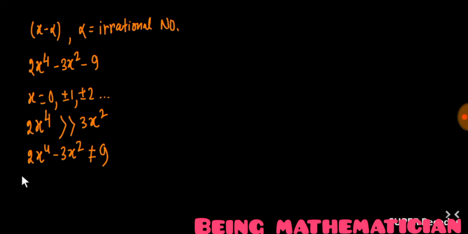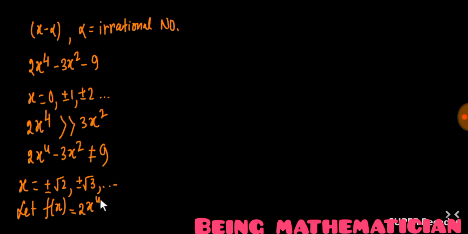So we should take x equal to plus minus root 2, plus minus root 3 and so on. So let f(x) equal 2x to the power 4 minus 3x square minus 9.